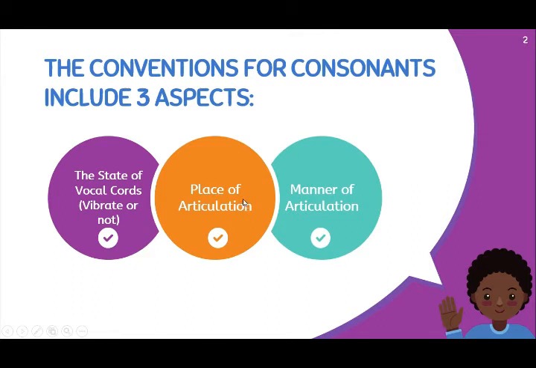Di dalam video sebelumnya, kita sudah belajar place of articulation, ada bilabial, labiodental, dental, alveolar, dan lain sebagainya. Sementara manner of articulation itu lebih kepada ke arah mana udara ini mengalir dan dalam keadaan apa yang mempengaruhi aliran udara tersebut.